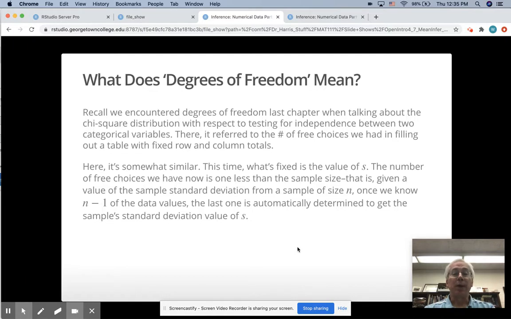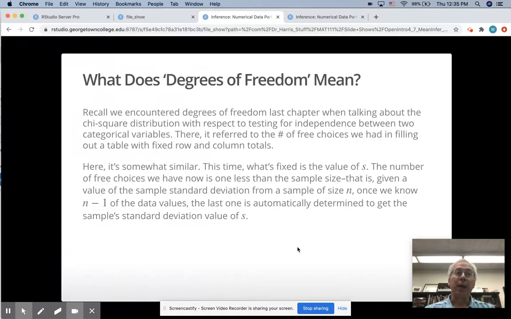So let's briefly talk about what degrees of freedom means in this case. In chapter 6, when we were talking about the chi-square distribution, when we were testing for independence between two categorical variables, it referred to the number of free choices that we had to fill out a table, given that we had row totals and column totals. It's sort of analogous here. What we're fixing in advance is the value of the standard deviation.